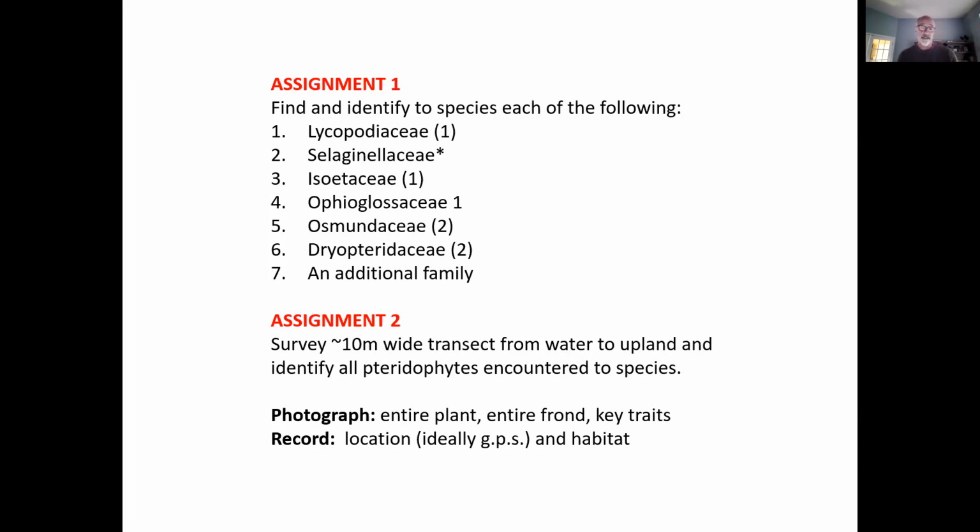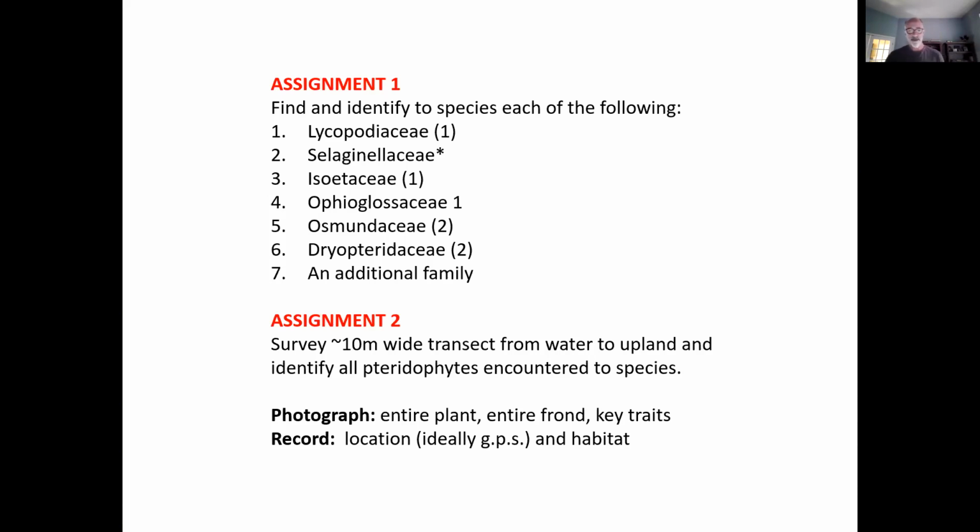Probably more useful to this group is something a little more obvious, which is set up a transect from water edge or even well into the water, in case you can find some floaters, all the way up to an upland location. I arbitrarily decided to make it 10 meters wide.